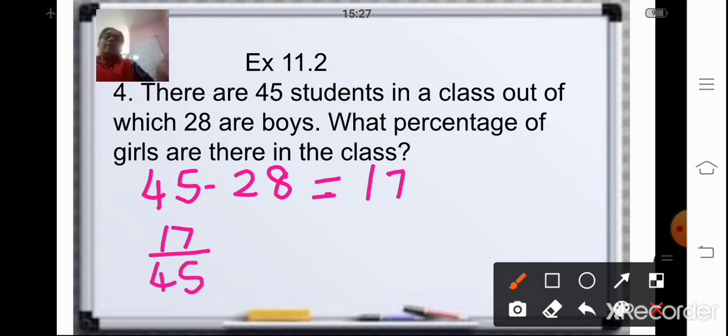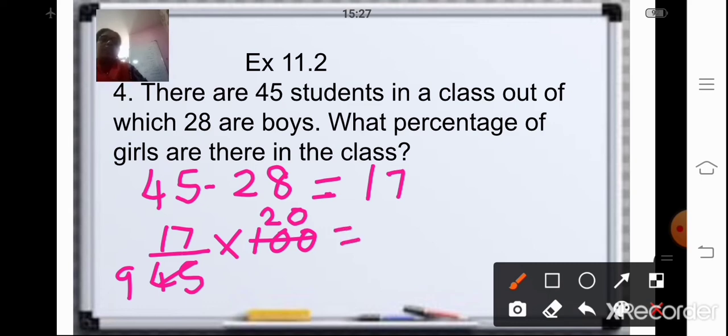Now to find the percentage of girls, you will multiply by 100, or you can first divide these two numbers and then multiply by 100. Here we will do it directly. 5 nines are 45, 5 twos are 10, and then 0. Now multiply this number 20 into 17.